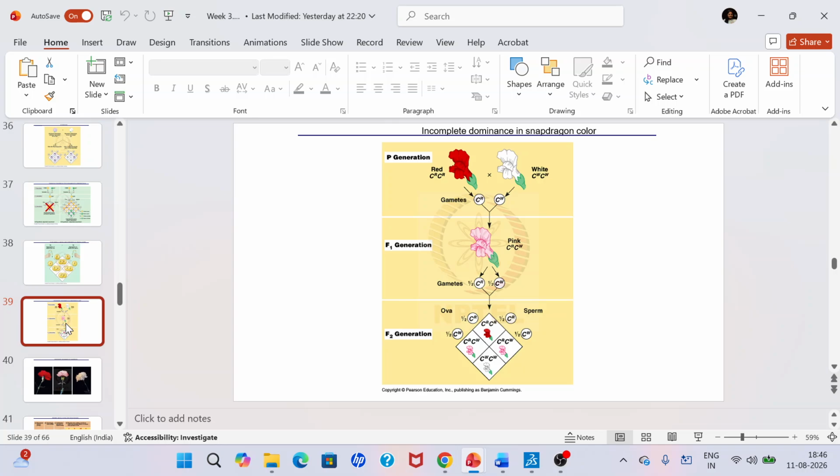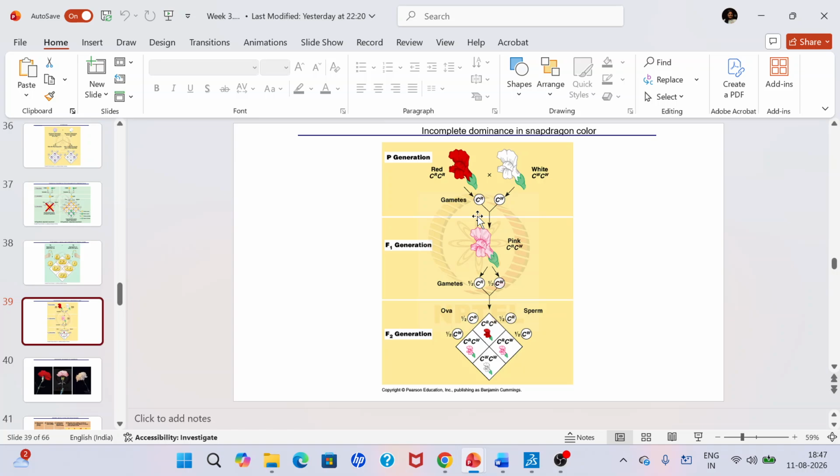And when this F1 generation was self crossed, it gave us three types of flowers: one complete dominant red, two incomplete dominant pink, and one white flower. Then again that challenged Mendel's complete dominance theory, how is it possible that two pure color flowers can give us a mixture of colors.